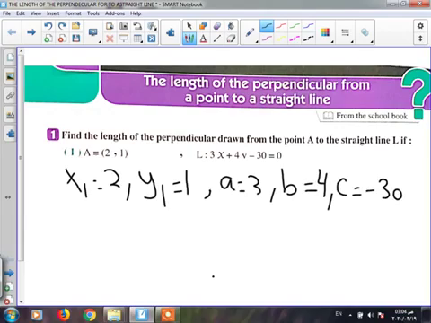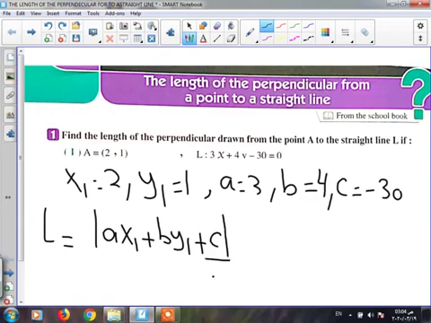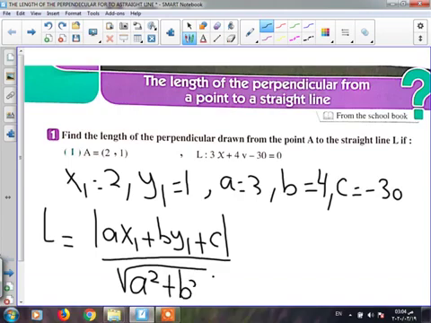In this case, we are going to have L equal the absolute value of a x1 plus b y1 plus c over the square root of a to the power of 2 plus b to the power of 2.